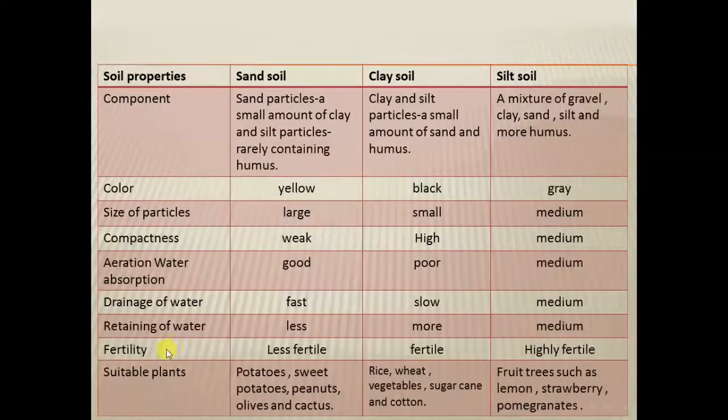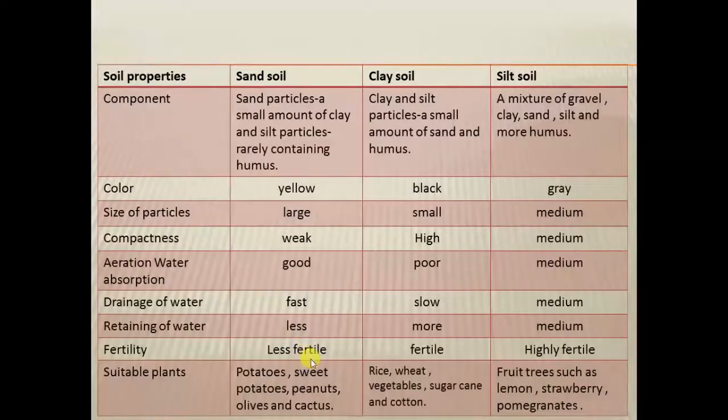The fertility. What is the fertility? Fertility means whether the soil is suitable for cultivation or not. Its ability for cultivation. We can find that the sand soil is less fertile.